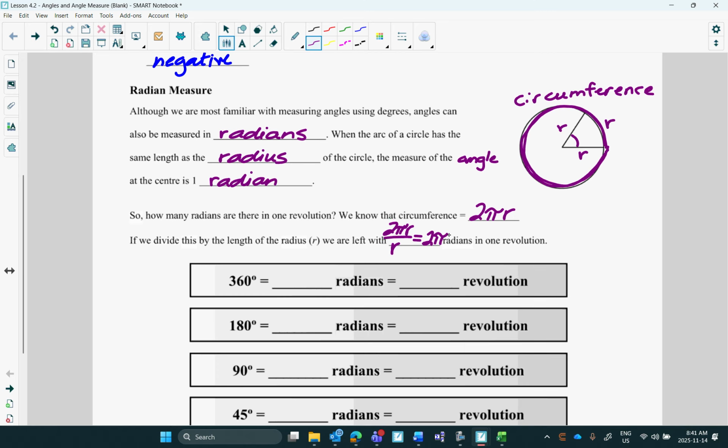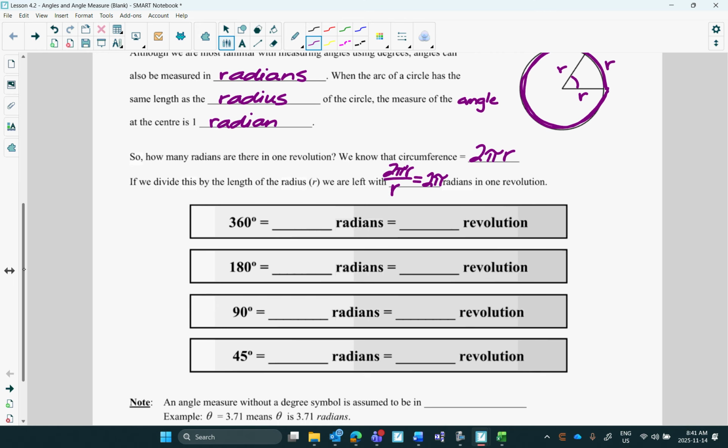Normally we say pi is 3.14, so about 6.28. So a little over 6, right? So in a complete circle, there's 2 pi or a little over 6 radians. Whereas with degrees, there's a lot more degrees in a circle. Not as many radians in a circle.